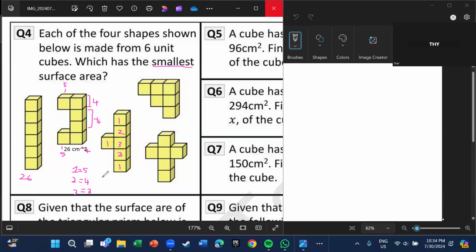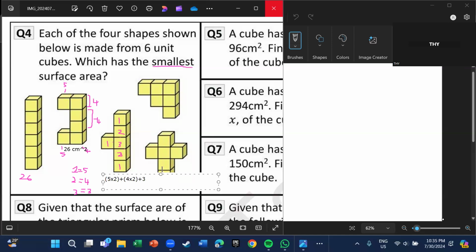So if I were to do it all together, it would be 5 multiplied by 2, plus 4 times 2, and add another 3.